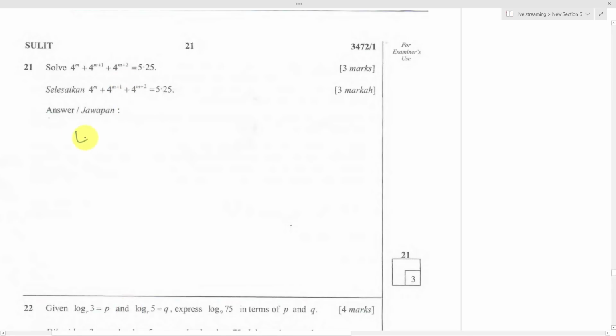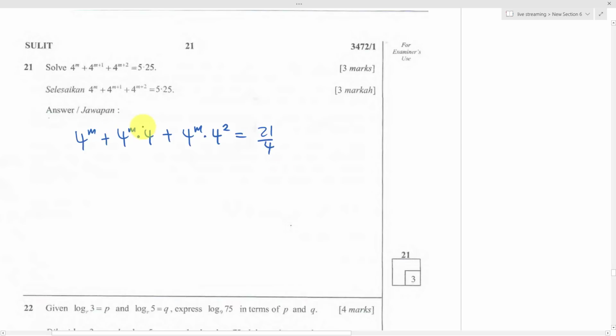This question, if you understand, is quite easy. This is 4 to the power of m, plus 4 times 4 to the power of m, plus 16 times 4 to the power of m, equals 5.25, which should be 21 over 4.